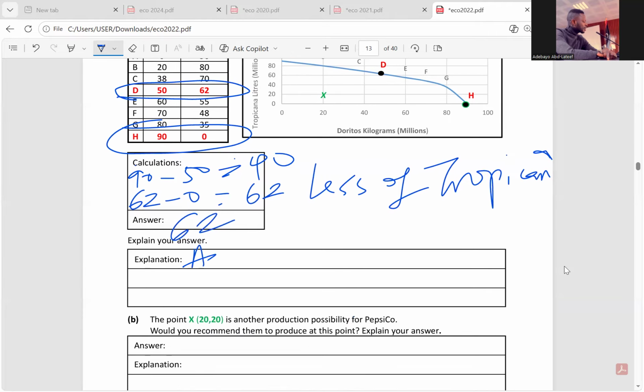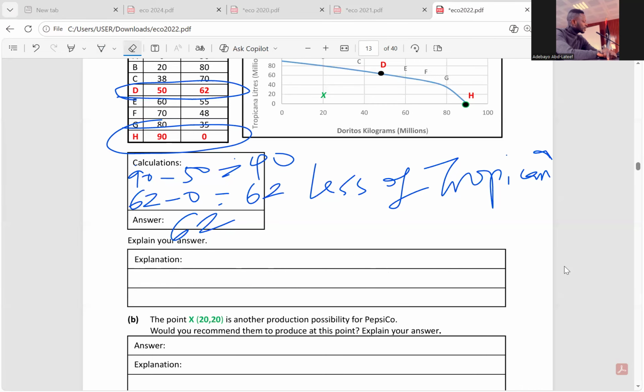Explanation: as more Doritos are produced, less Tropicana can be produced.